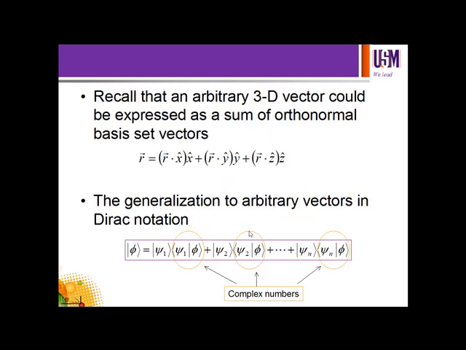Recall that an arbitrary 3D vector could be expressed as a sum of orthonormal basis set vectors. That is what we had discussed in previous segments. So vector R is equal to, actually there is a dot product of vectors. We have vector R dot product unit vector x.